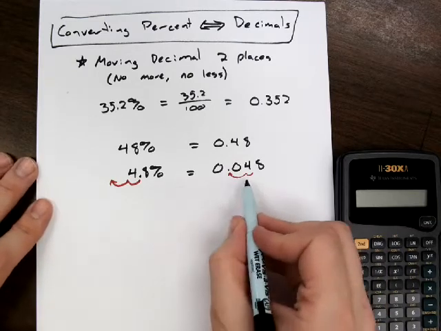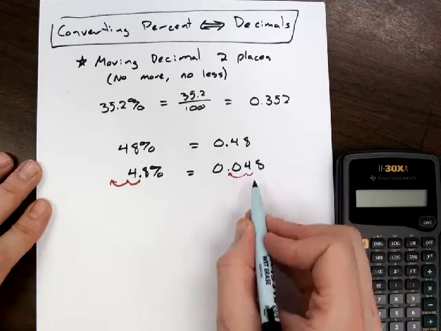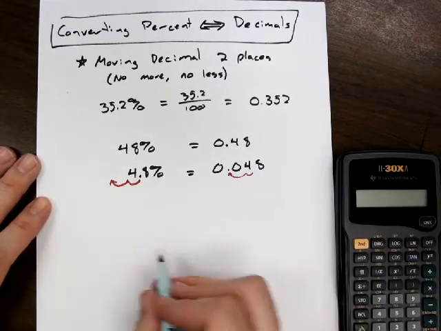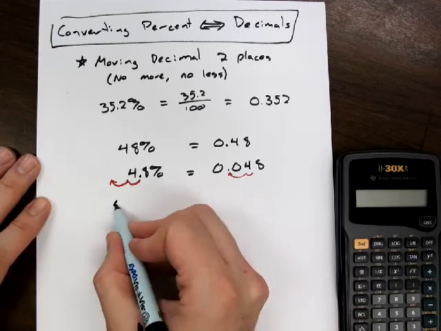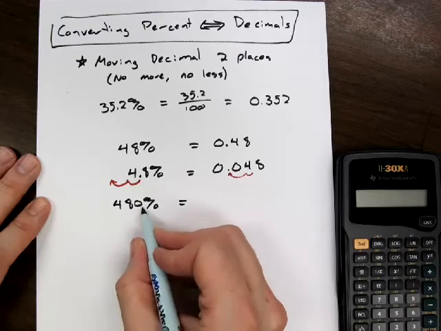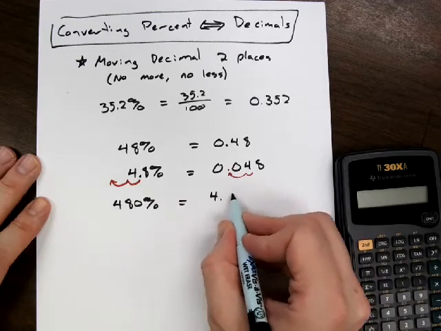It's really tempting to just give myself 2 place values here, but you'd be engaging in what I call wishful mathematics. How about 480%? Well, again, moving that decimal, that would just be 4.80.